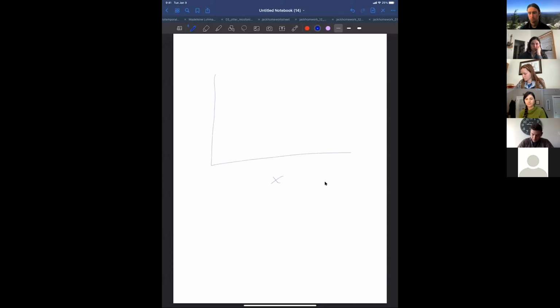Where we have x and y, and we have some continuous function of x, where this line equals some function of x. So we put x into some function, and it gives us an output. We choose any value of x here, we go up to the line, and then it'll give us the value of y.